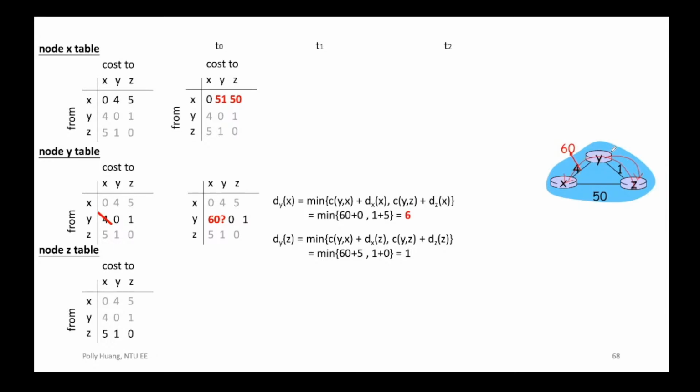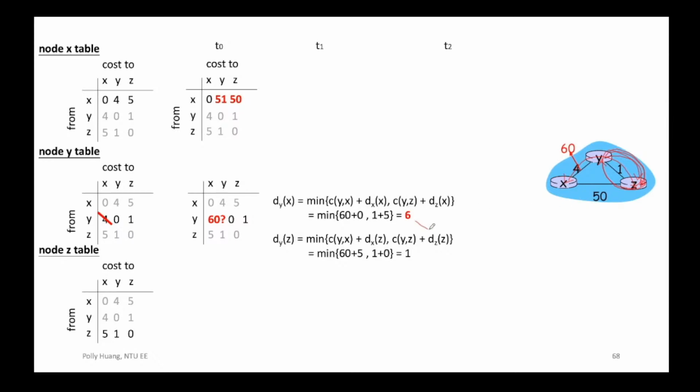So you see the packet is going to go y to z, z to y, but y is going to say, to go to x, you need to go through z as the middle point. So that packet is going to loop around between y and z for a while. Interesting, isn't it? This is a very interesting characteristic of distance vector. Before the route actually converges, the packets could potentially be in a routing loop.